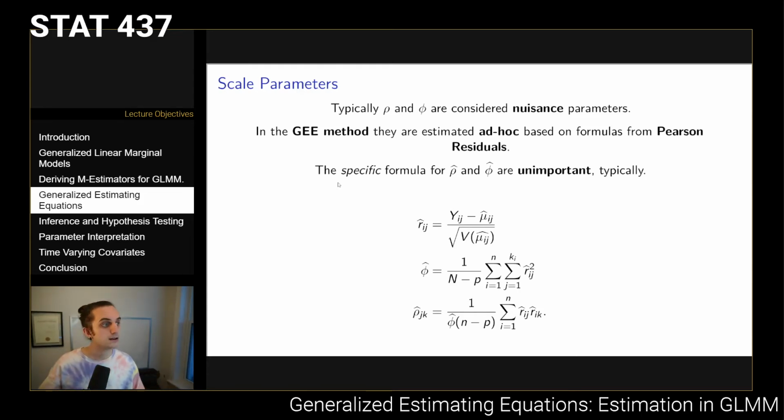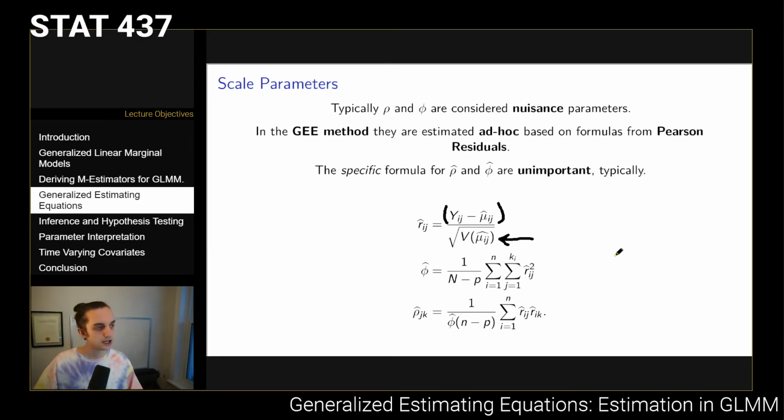And so typically what we're going to do is estimate them in this ad hoc way after the fact using Pearson residuals. So this part's not super important, actually. You don't need to memorize these equations or anything. And they are provided for you in the notes that are online. But the idea is that we can take these standardized residuals here, right? So we have y_ij minus our estimated mean, mu_ij. And then we scale that by the estimated variance, right? So our variance function with our estimated mu_ij plugged in.